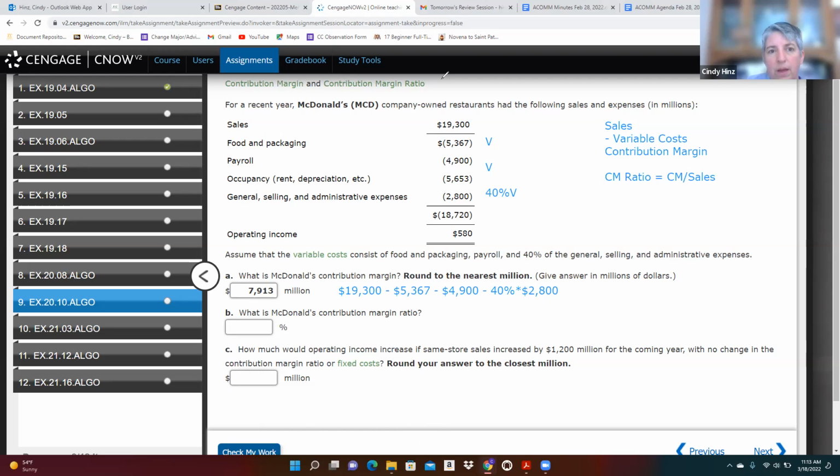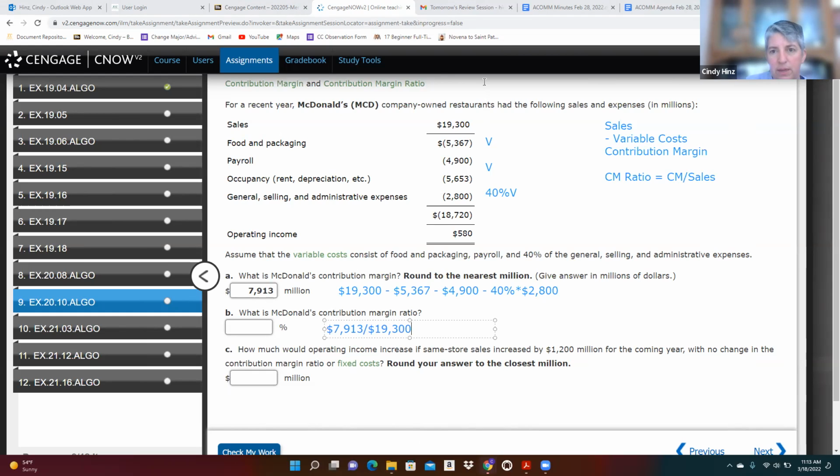Okay, so everybody okay with finding the contribution margin in dollars? All right, so then we're going to take that contribution margin in dollars and divide by the sales in dollars, 19,300, to find the contribution margin ratio or percent.